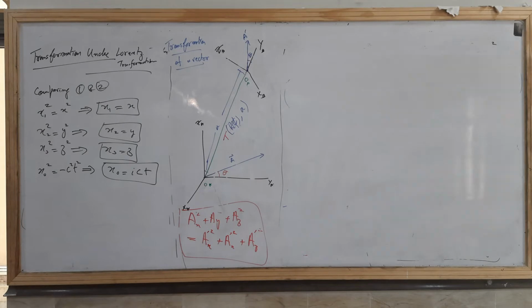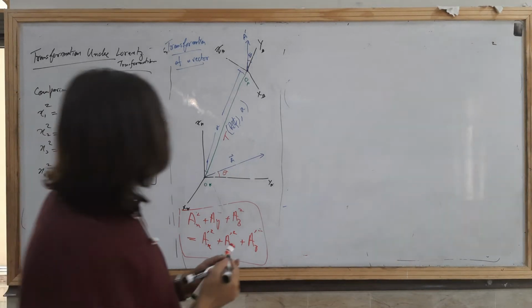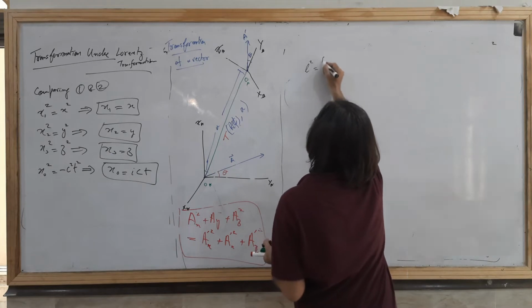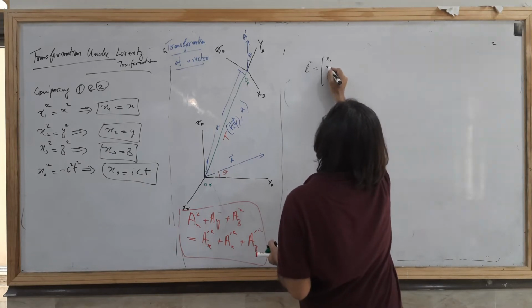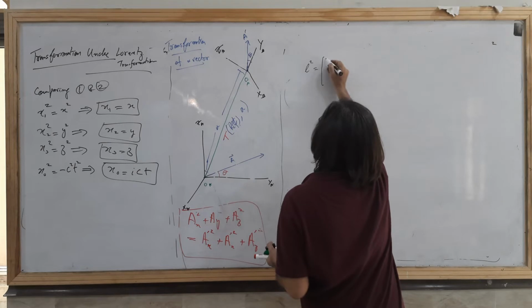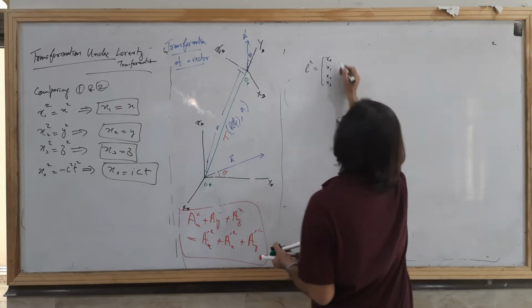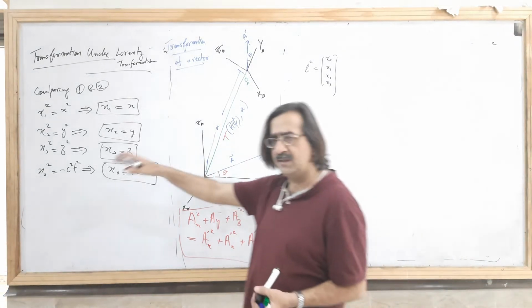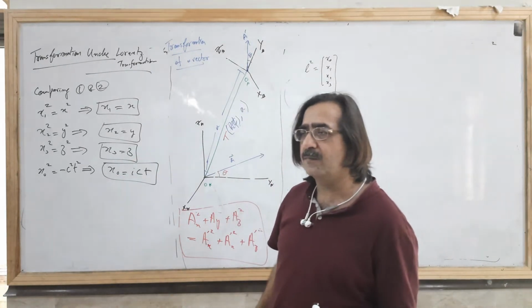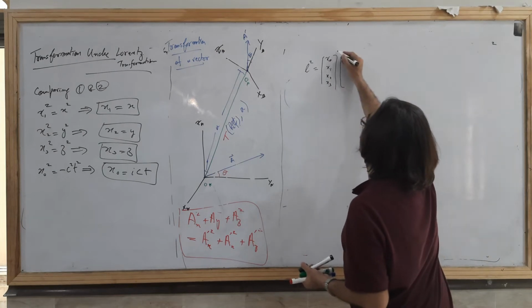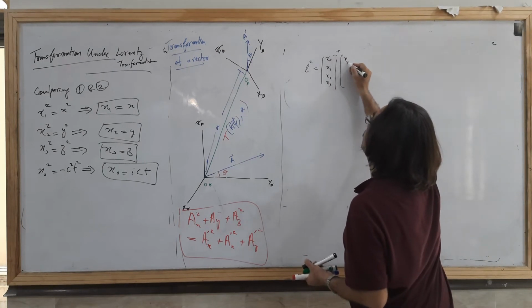In the combined form, may I write L square as x naught, x1, x2, x3. If I change the position, I may change the order and write the last thing first, in the transpose way.